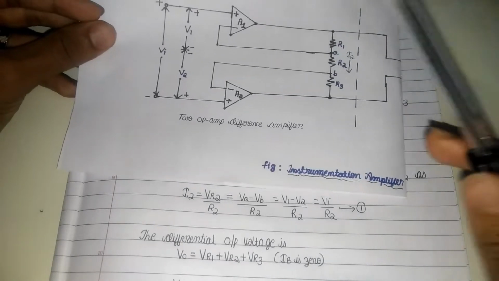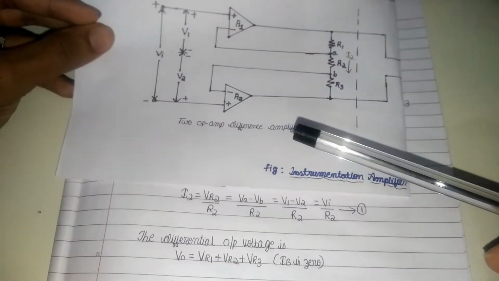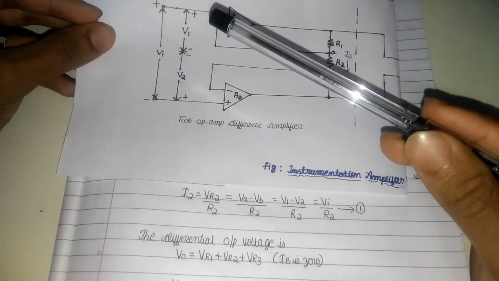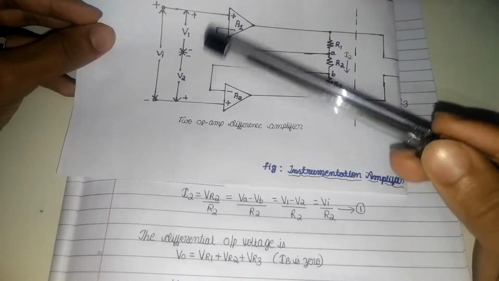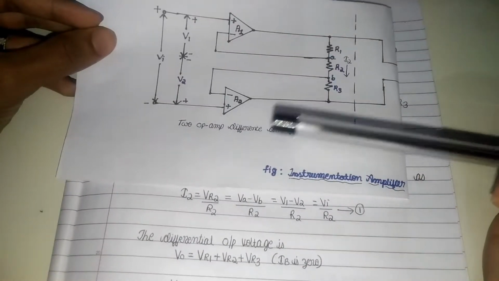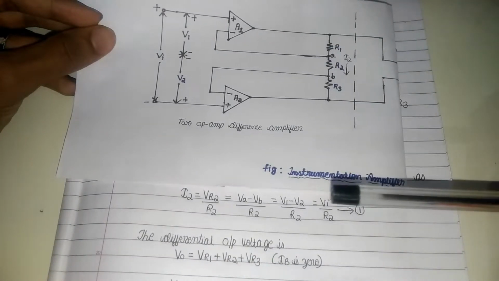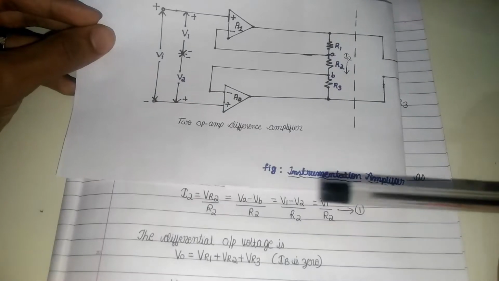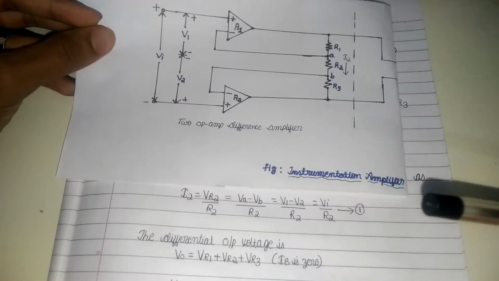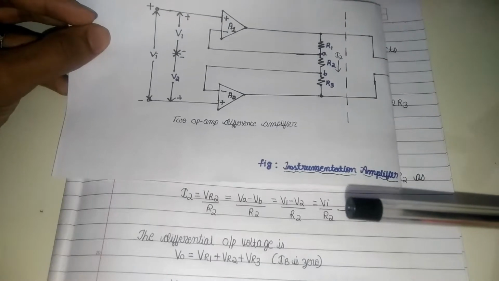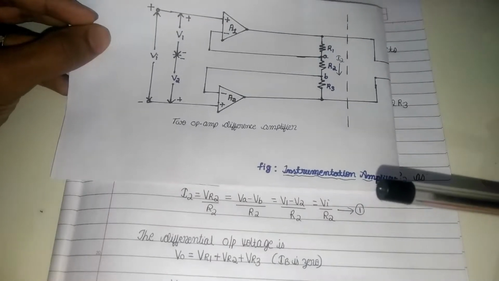We know that this is a difference amplifier. That means the difference of the two voltages acts as the input to the op amp difference amplifier. Therefore V1 minus V2 is expressed as Vi, and the value I2 is equal to Vi divided by R2, as equation number 1.